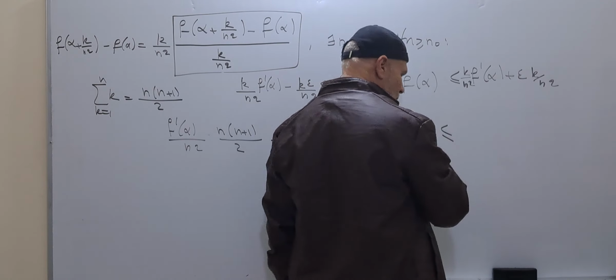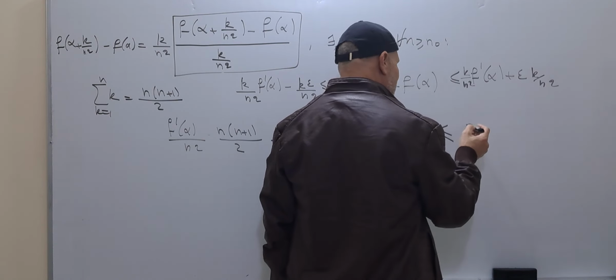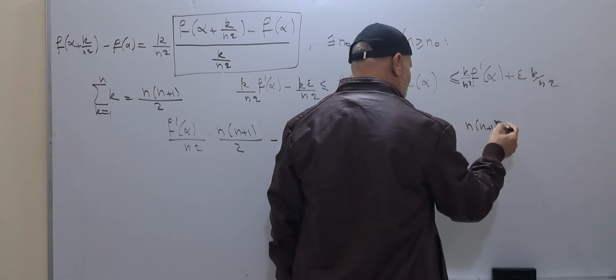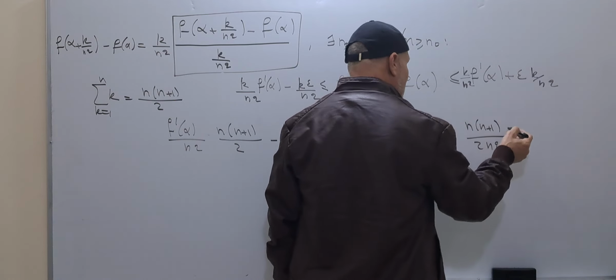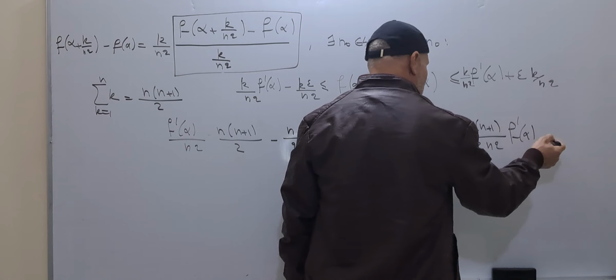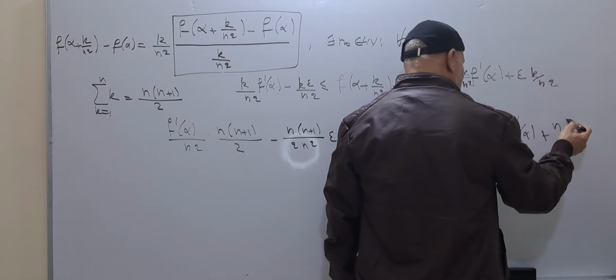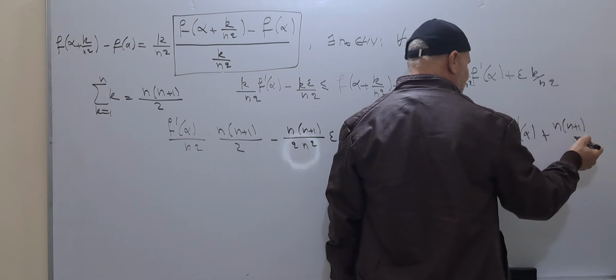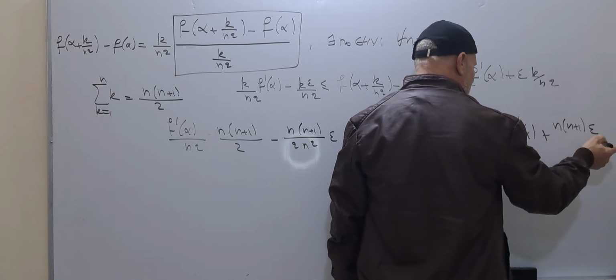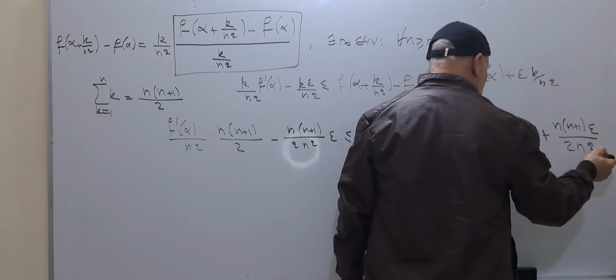less than this sum, which is our limit, the limit that is concerned by the calculation. From this side we get n plus 1 over 2n squared f prime of alpha plus n plus 1 epsilon over 2n squared.